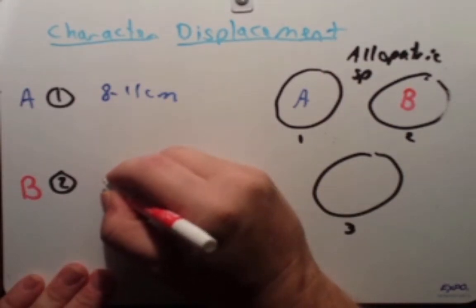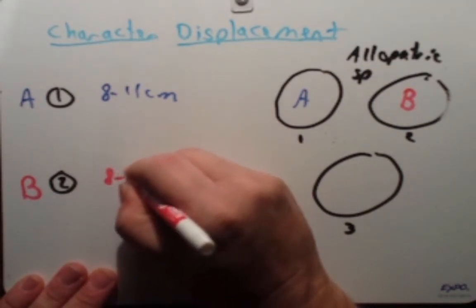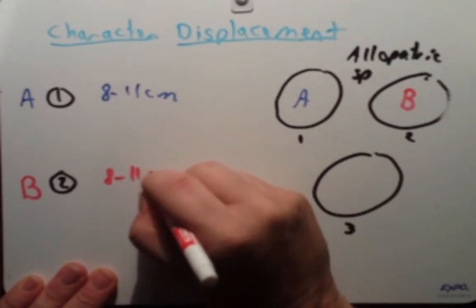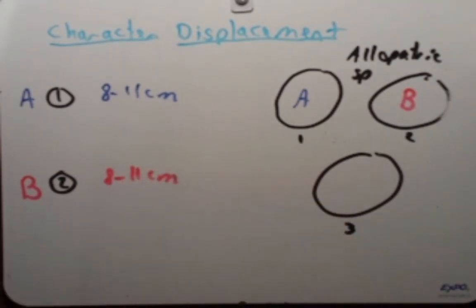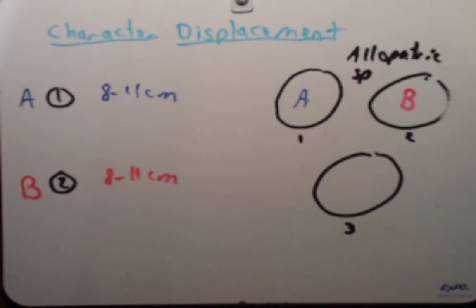And they have a beak size roughly a little bit bigger than 8, but we're going to go 8 to 11 centimeters. They're slightly bigger, but they're about the same size. And again, they're allowed to have these same characteristics because they're not competing for the same resources. We don't have a situation of competitive exclusion here because they're operating in different resources.